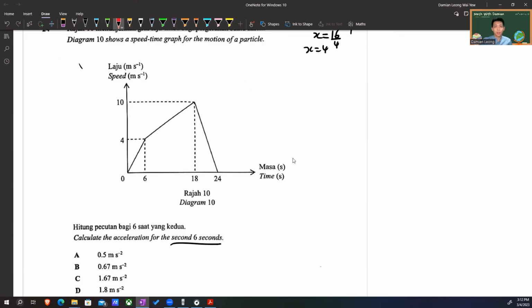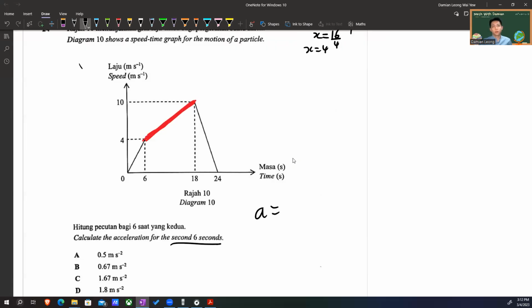But for the second 6 seconds, it's actually just like part of here. I don't need to go all the way here, but the acceleration here to here and all the way here is actually the same. So I can take this change in speed over change in time for acceleration.